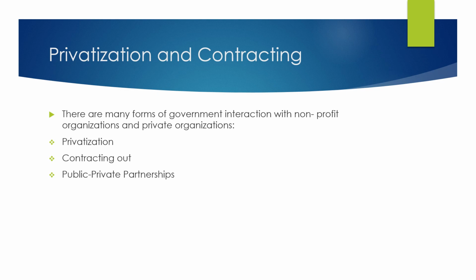There are many forms in which government organizations can interact with non-profit organizations or the private sector. Generally, when we say privatization, it means that government withdraws from certain types of activities or services that were once done by the government.